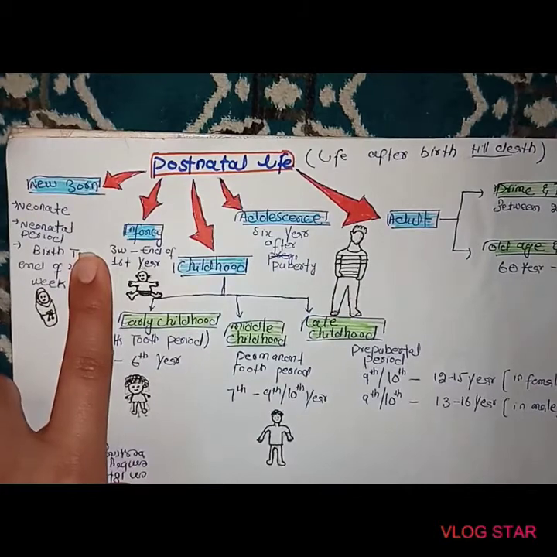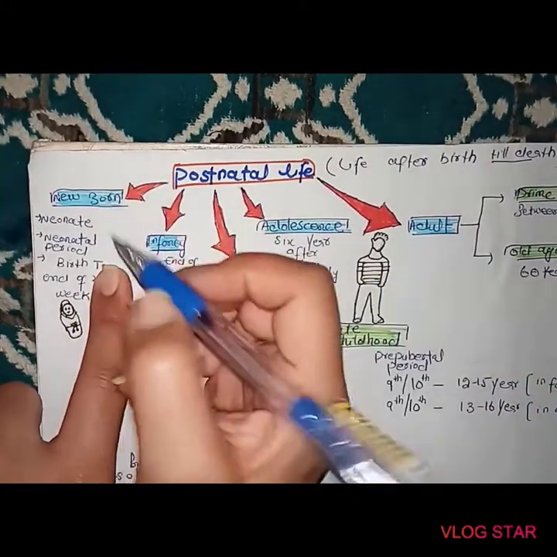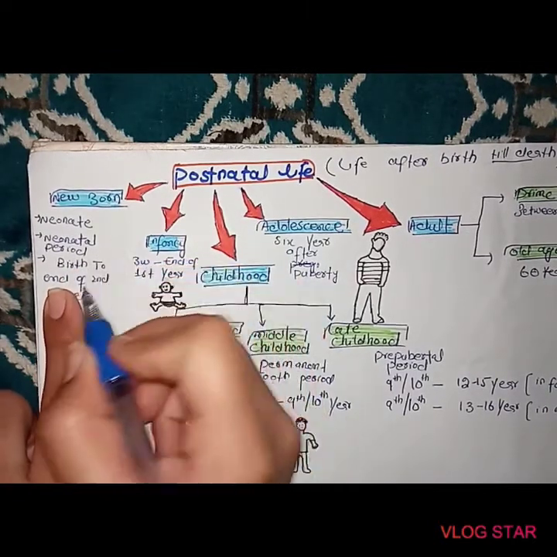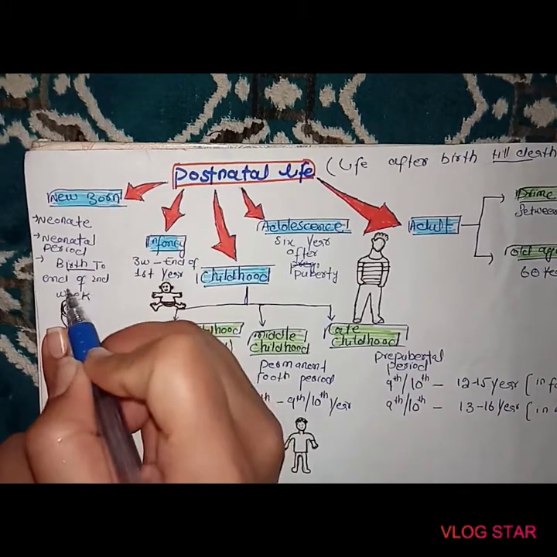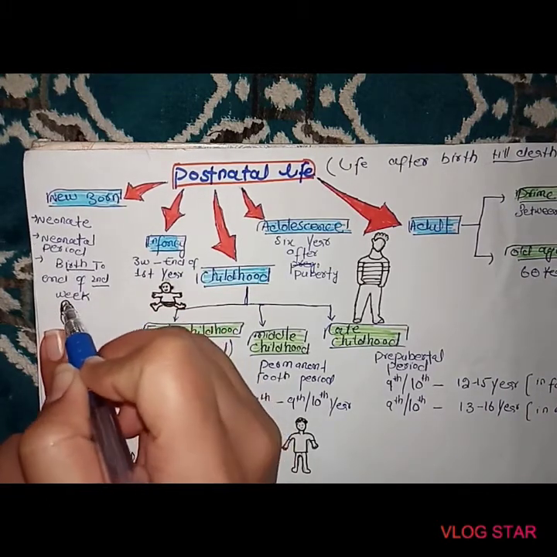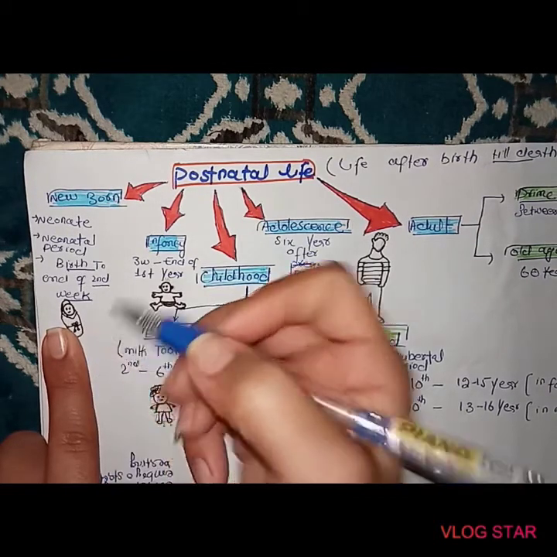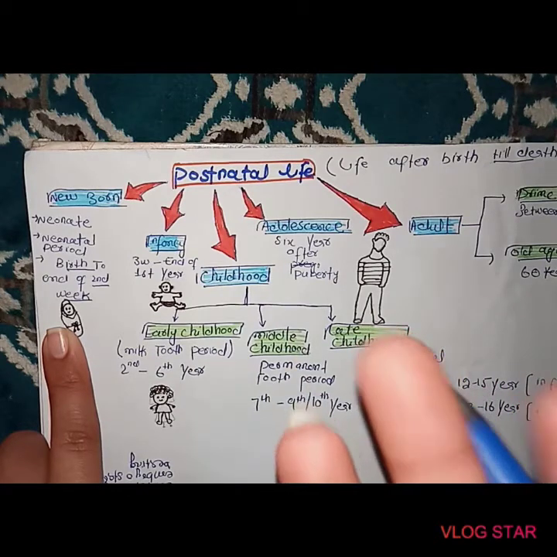The newborn, once the baby is delivered, we call a neonate. This period is called the neonatal period, starting from birth and ending at the second week. It means that at this time the baby is only 14 days old.